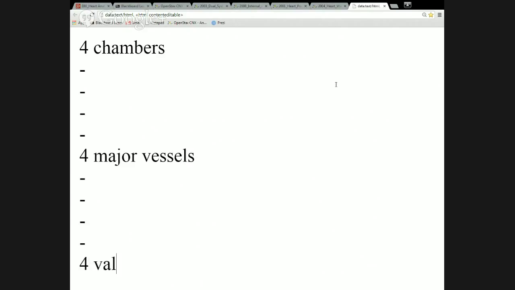What I want to kind of concentrate on for the anatomy of the heart, and what the other pictures that I started to point out are, and I'm going to get to show you a bit more, is that in the heart we're going to see 4 chambers, okay, 1, 2, 3, 4, and 4 vessels, or major vessels, blood vessels, that is, 1, 2, 3, 4, and then 4 valves.